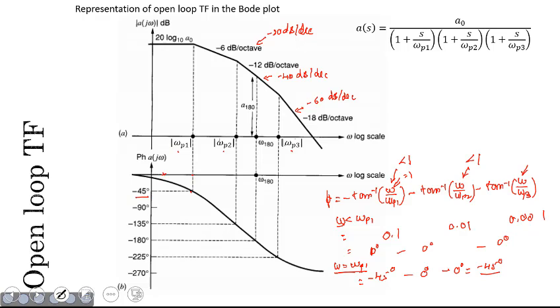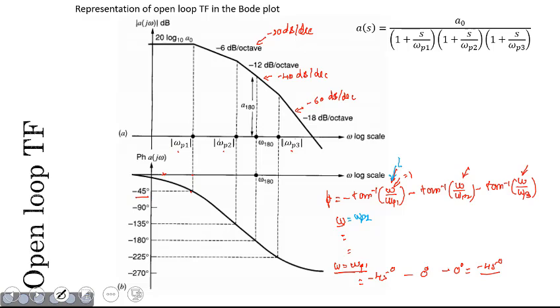And with a similar discussion, let us move on to a higher frequency. So let me have some space here. Right now, when our input signal frequency is equal to omega p2, what would happen? This particular ratio, that is omega divided by omega p1, obviously has a value that is greater than 1.